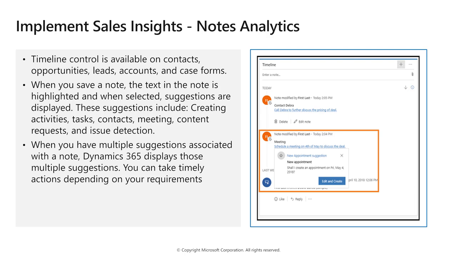These suggestions include creating activities, creating tasks, contacts, meeting content requests, and issue detections. When you have multiple suggestions associated with a note, Dynamics 365 displays them all, and you can take timely actions depending on your requirements.